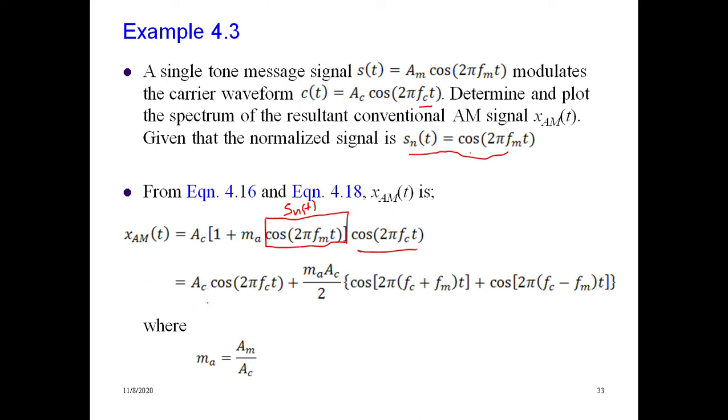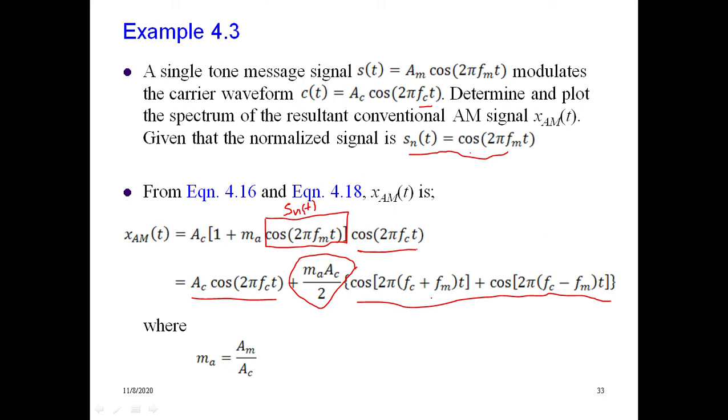AC cos 2 pi FCT is the information of the carrier, and this one is the amplitude of the message modulated signal, which is cos 2 pi FCT multiplied by cos 2 pi FMT.